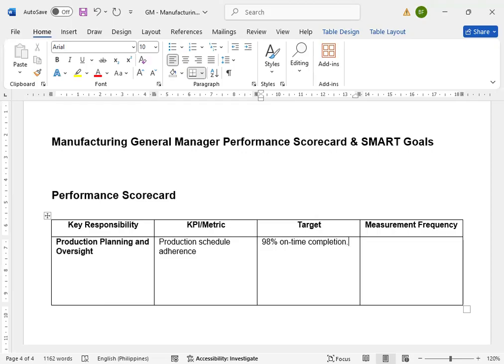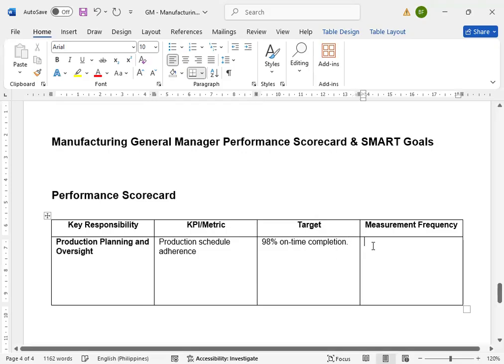So what's important is the GM should be a problem solver or troubleshooter in order for him to improve, and there should be a continuous improvement action plan in place, so that he addresses this aspect of the key responsibility and the issues in terms of delay of the completion of the production or deliveries of the products.